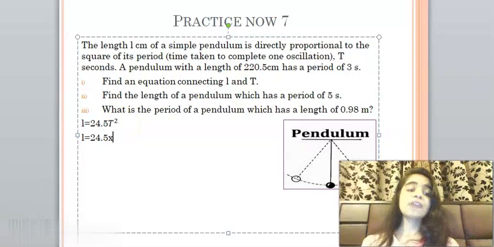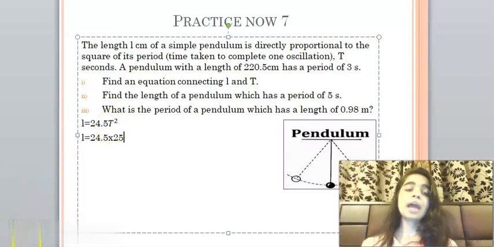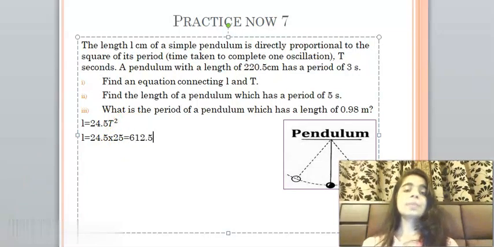So what will be 5 square? That is 25. So 24.5 multiplied by 25. That is 612.5 centimeters. So this is our length.